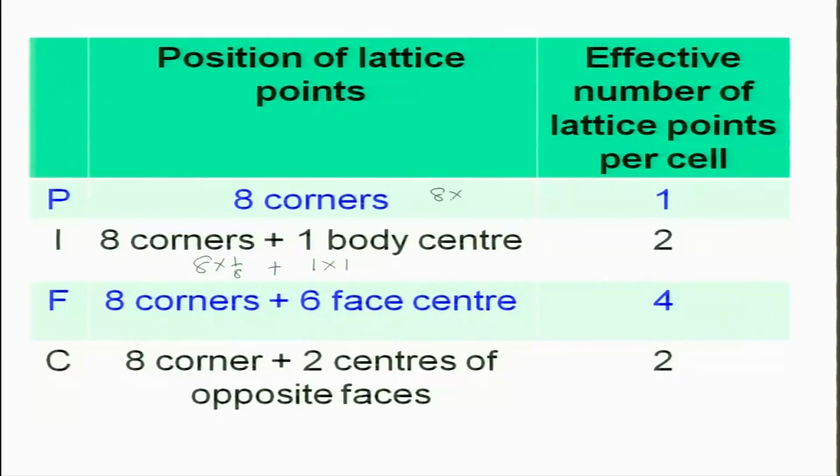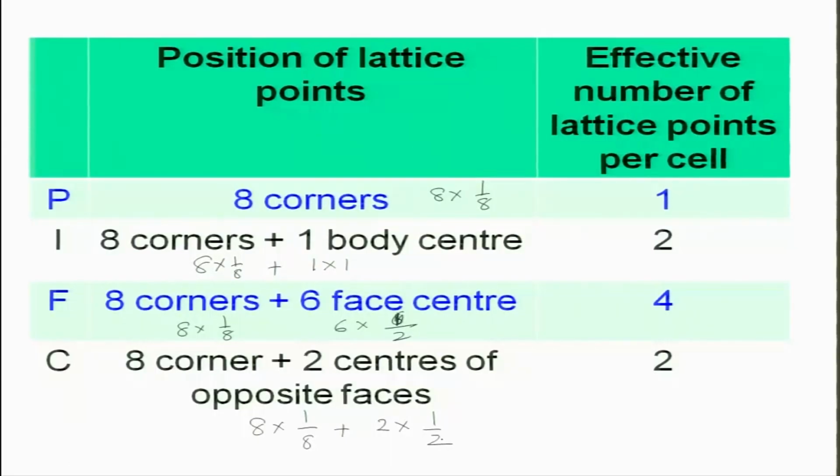In this case it is 8 into 1 by 8, and this is 6 into 1 by 2, sorry. And again here you have 8 into 1 by 8 plus 2 into 1 by 2. This gives you the total number of effective atoms in the unit cell.